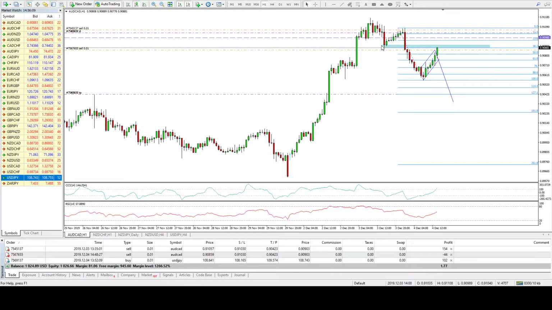So let's see if that happens. If it happens, it's perfect, because if it bounces back down from here, we are looking at good, maybe even profit down here. We'll see. This is where it shows if we are in business or not.